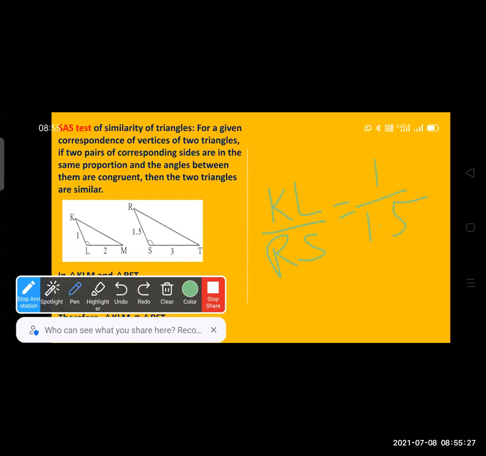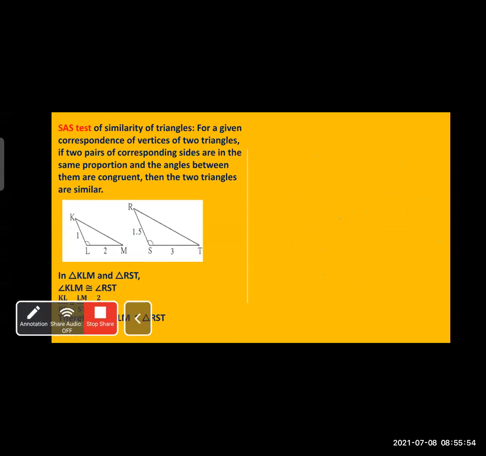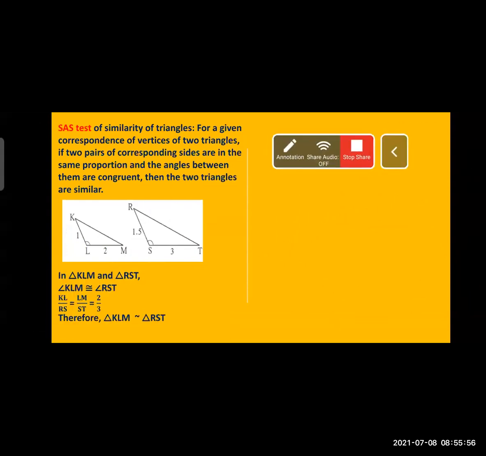We take KL by RS, and the second one is LM by ST. LM is equal to 2 and ST is equal to 3. So cancelling, we get 1 by 1.5. So here we get the same ratio of the two corresponding sides, and the angle between them, angle L, is congruent to angle S. Therefore, these two triangles are similar by the SAS test.